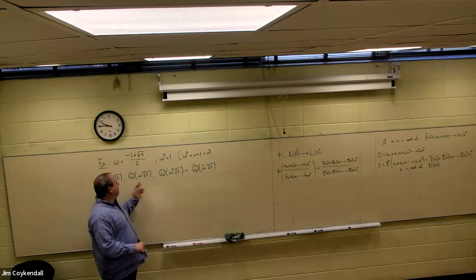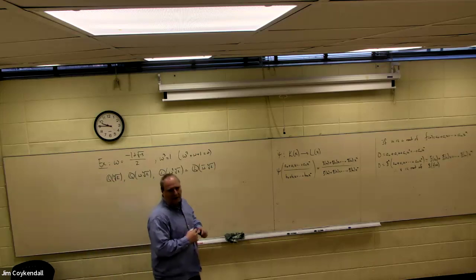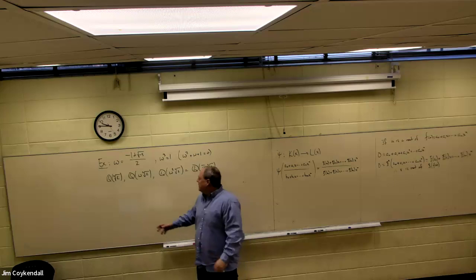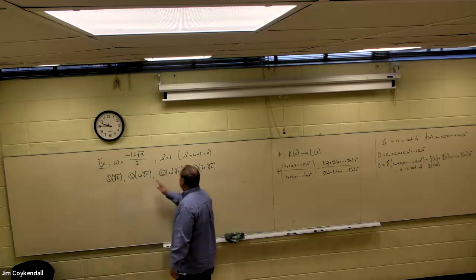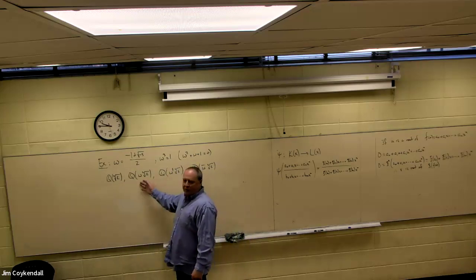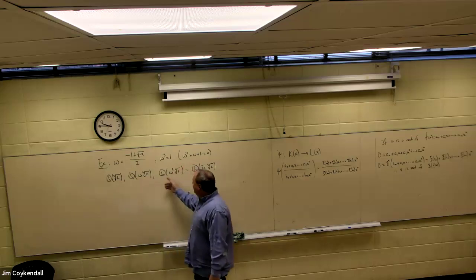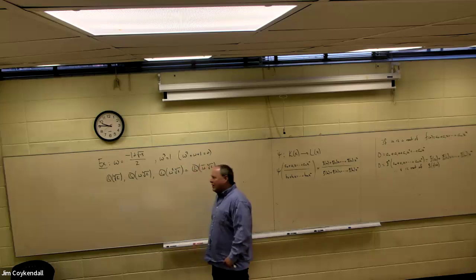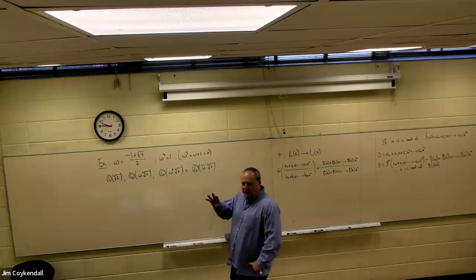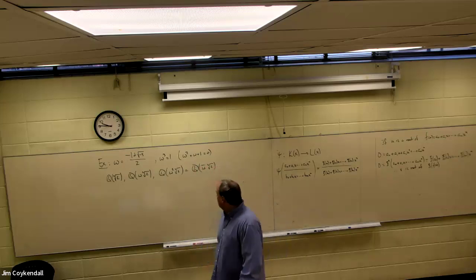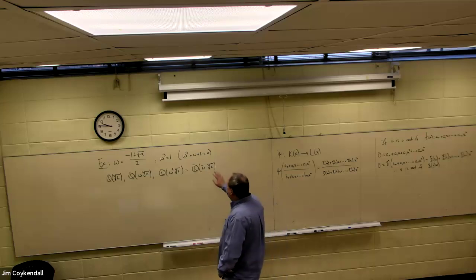Notice these three fields actually are distinct. It's pretty clear that this one is distinct from these two here, because these two have complex elements in them that are not real. This is all real. The fact that these two are different is also not too difficult, but it's not blatantly obvious, right? But they are in fact different.